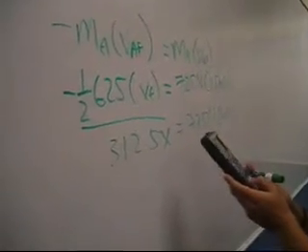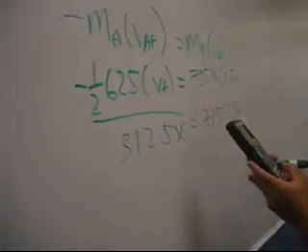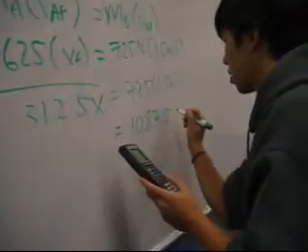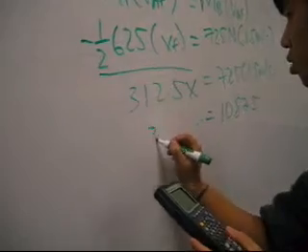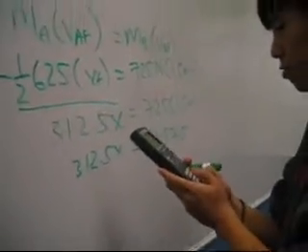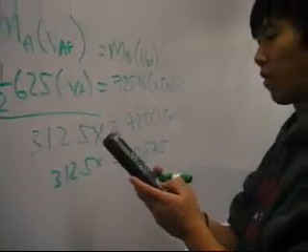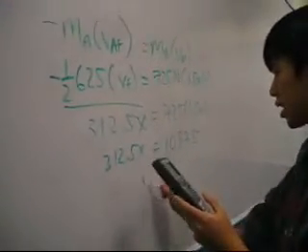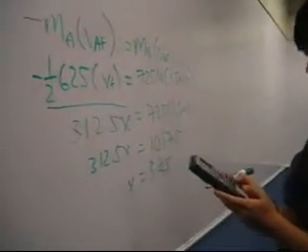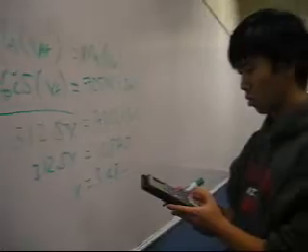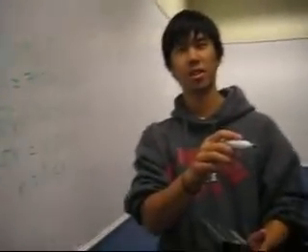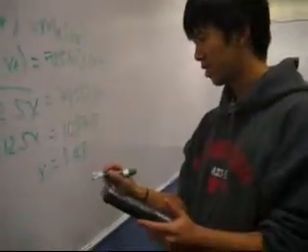So what was 725 times 1.5 meters per second? Equals 1087.5 equals 312.5x. So divide that by 312.5. X would be 3.48. So if I divide that by 2, that would go back to that number. Is that right? That is right.